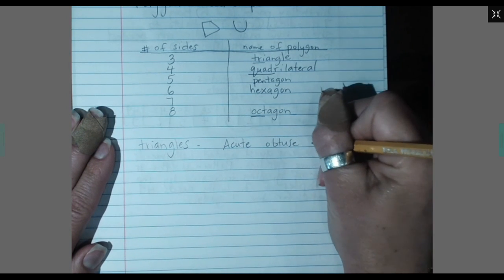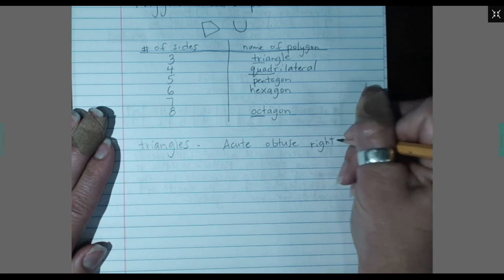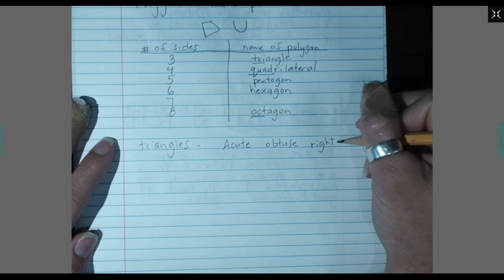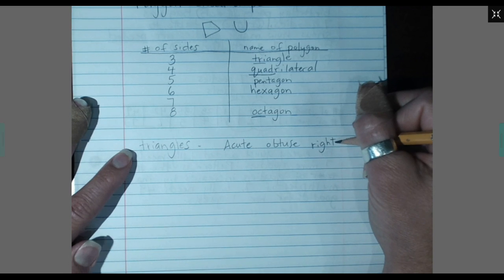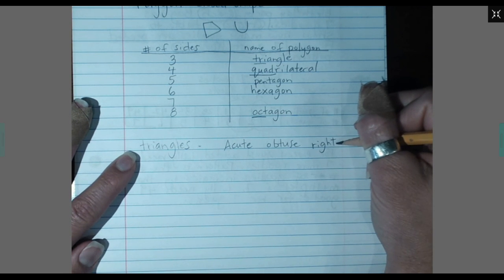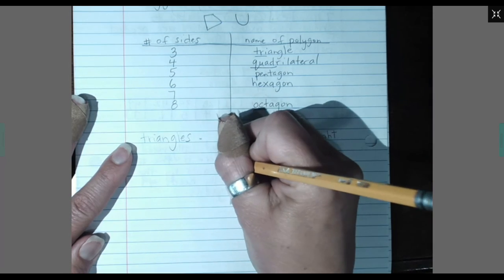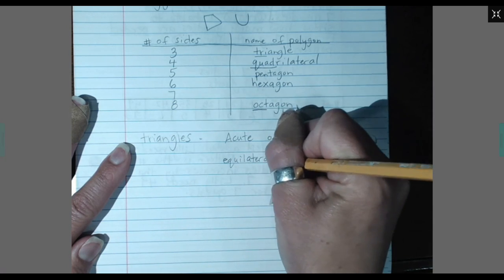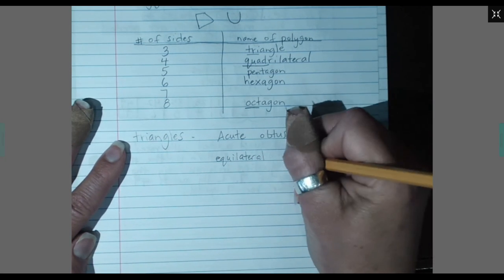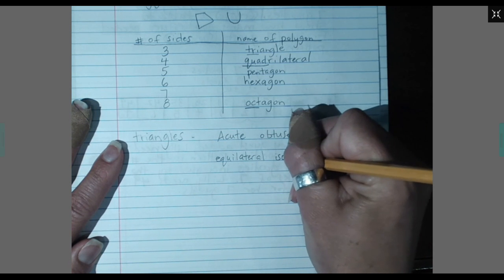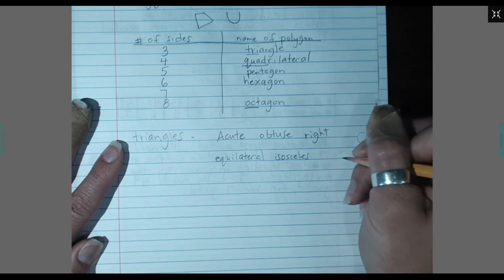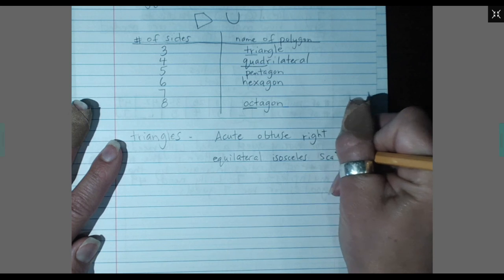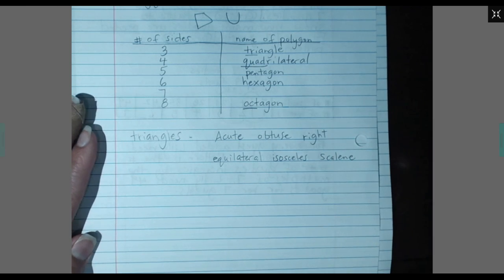There are right triangles, and these are actually relating to the types of angles they have. Then we have equilateral triangles, and we have isosceles triangles, and we have scalene triangles.